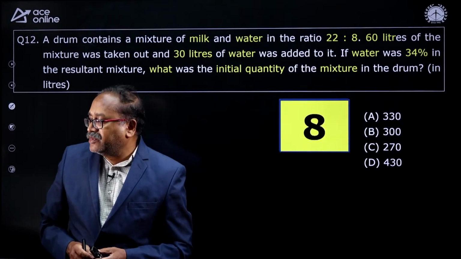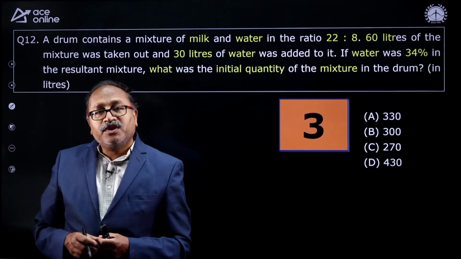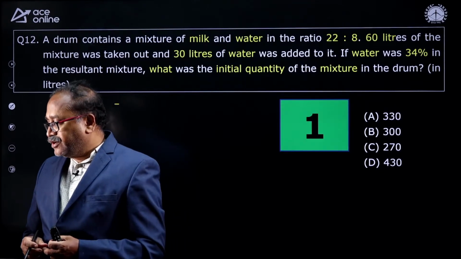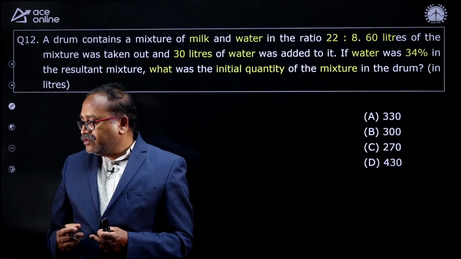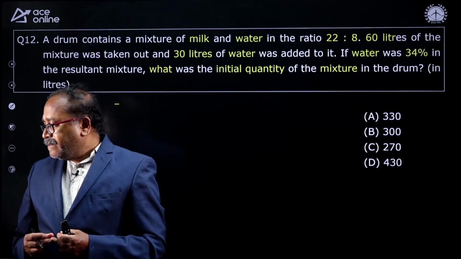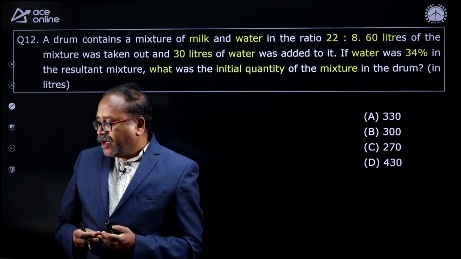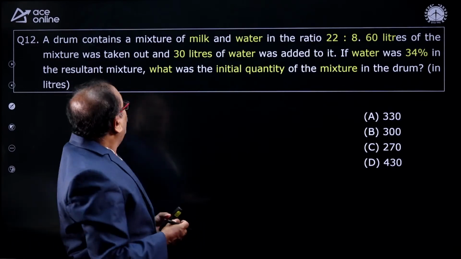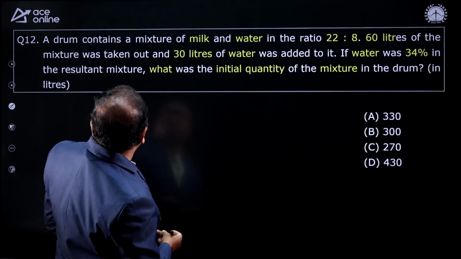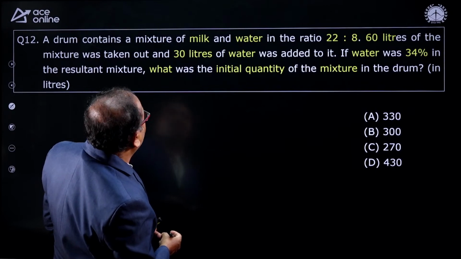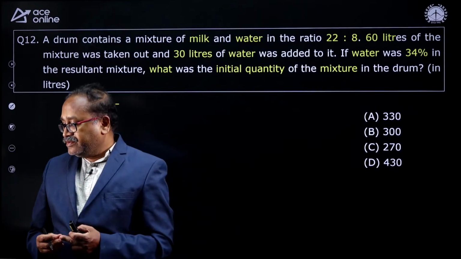A drum contains a mixture of milk and water in 22:8. Think of it. How to write down this one? And it is said that 60 liters of mixture was taken out and 30 liters of water was added.